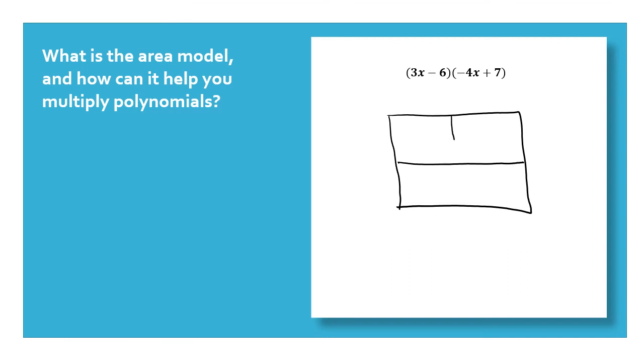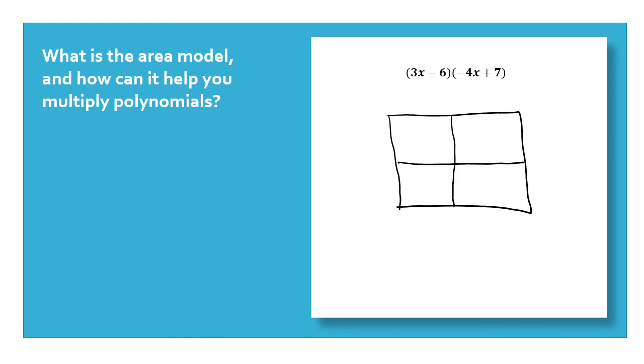I do want you to know that it exists and how it works, because you may be faced with a question where somebody has filled in part of the area model, and maybe you need to identify their mistake, or maybe you need to fill in a missing step or something. So I want you to know that it exists, but if it's not your favorite way to do this, then stick with what works for you.